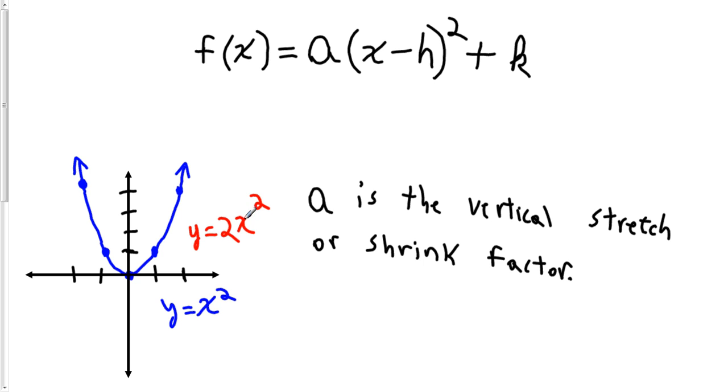Well, you still get the point (0, 0), because 0 squared times 2 is 0. But when you plug in 1, 1 squared is 1, 1 times 2 is 2, so I don't get the point (1, 1) like I did for the original parabola. I get the point (1, 2). It's twice as high as the one on the blue parabola.